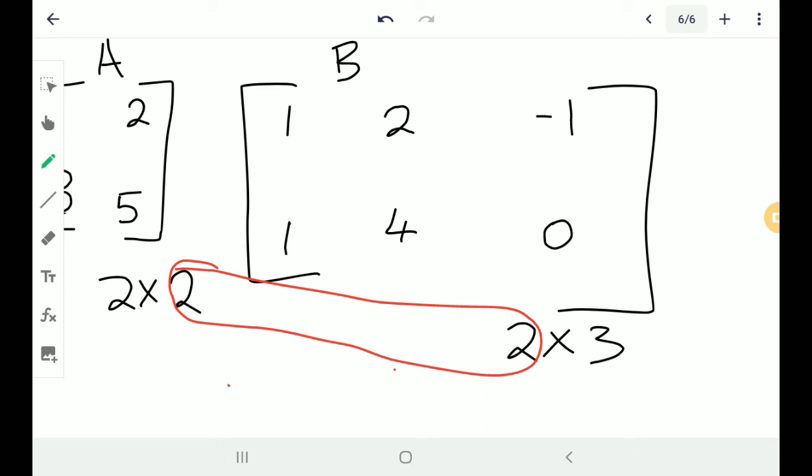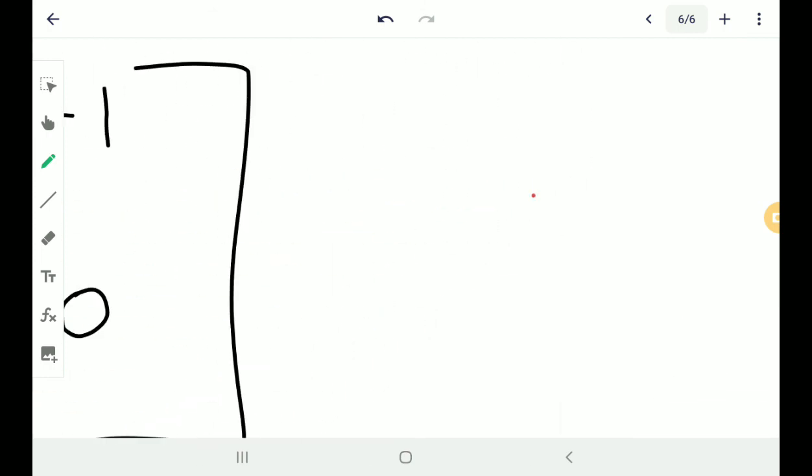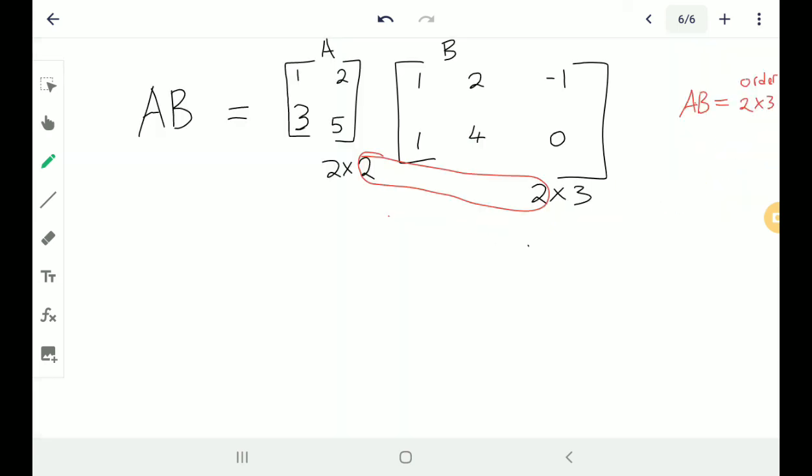And what would the order of the matrix AB be? The order would end up being a 2 by 2. 2 by 3, sorry. Because we look at these two numbers to know what the order will be.